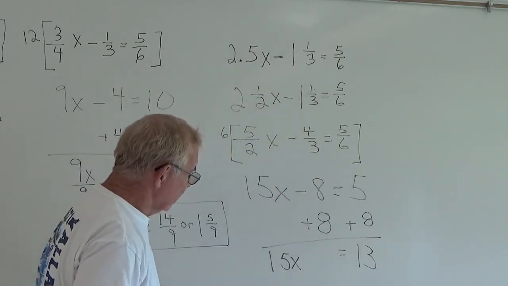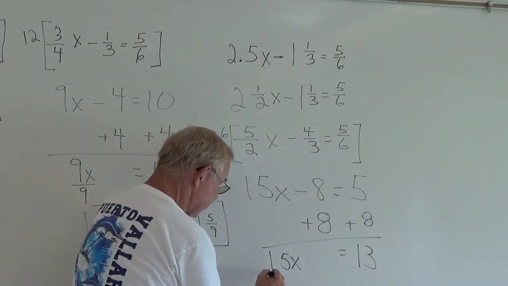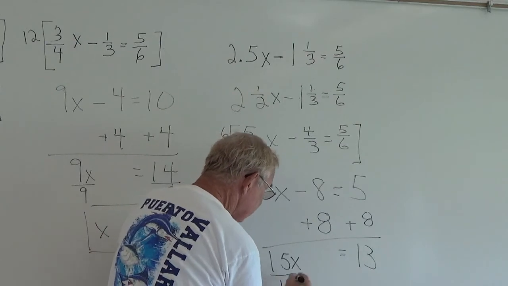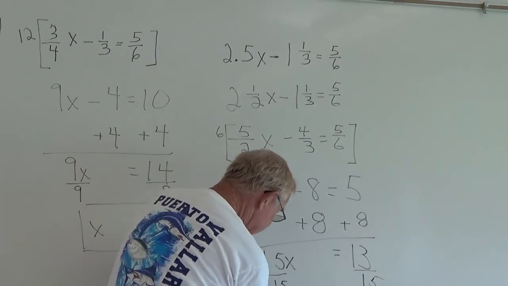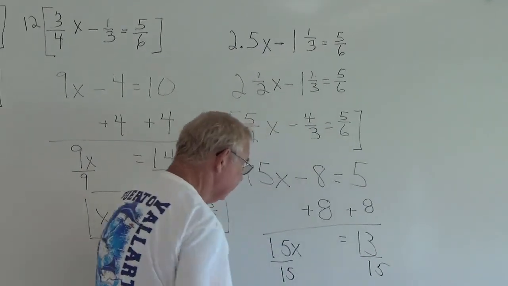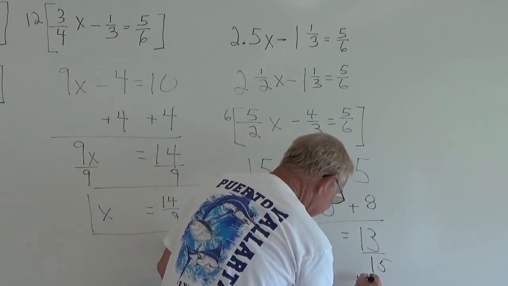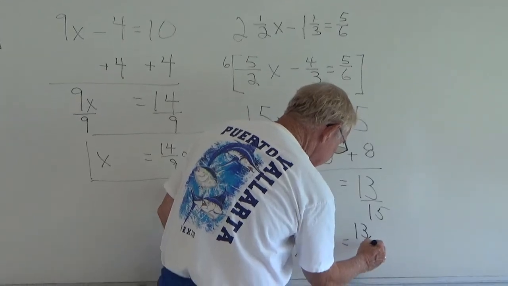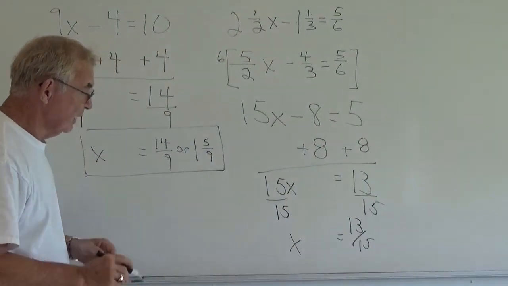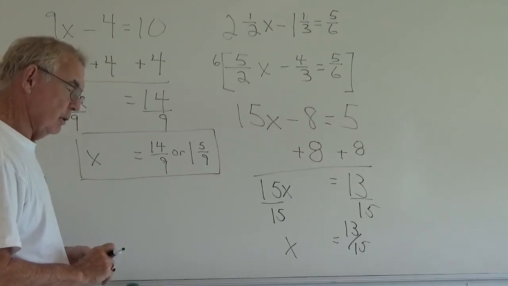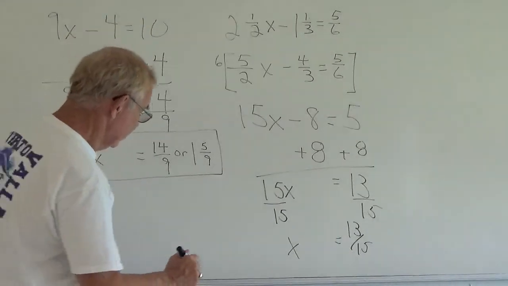The inverse operation of multiplication is division. We divide by 15. And we get x to equal 13/15, and you ask yourself, does this reduce? Is there a number other than 1 that divides into 13 and 15? And you'll find there isn't, so there's your answer.